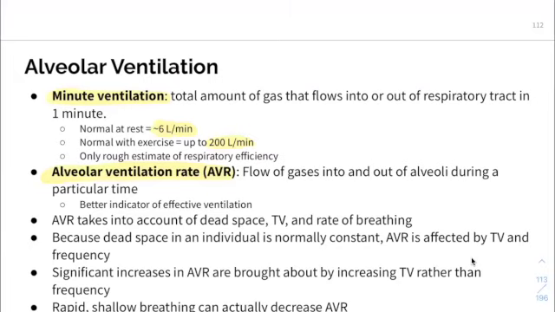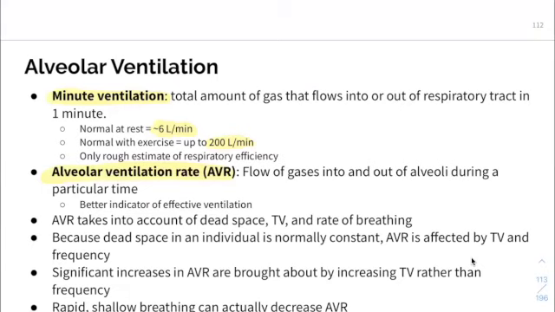That can only be checked at the hospitals. If you go to some kind of pulmonary doctor, they usually have the machines where they can check that. You have to get referred to get tested for that.